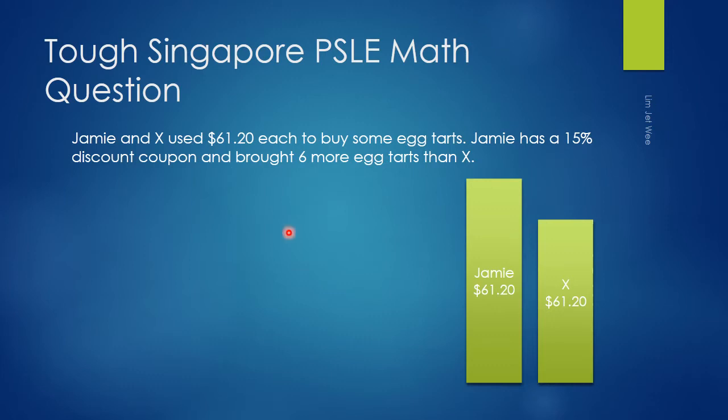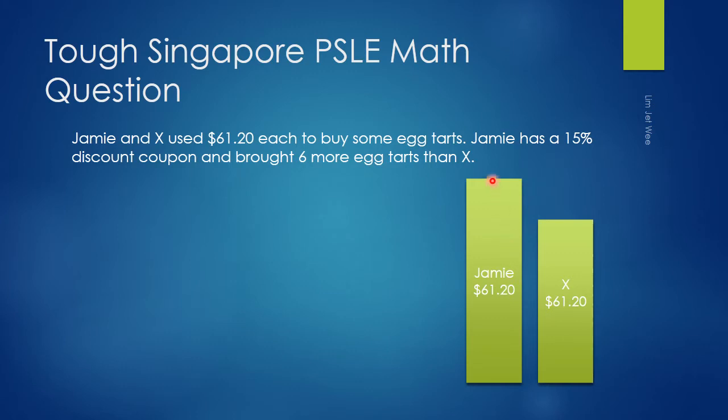So I've taken away the two-part question over here so that I have more space to illustrate how to solve the question. I find it useful to visualize this. So this is Jamie, who spent $61.20, and X, another person who also spent $61.20.